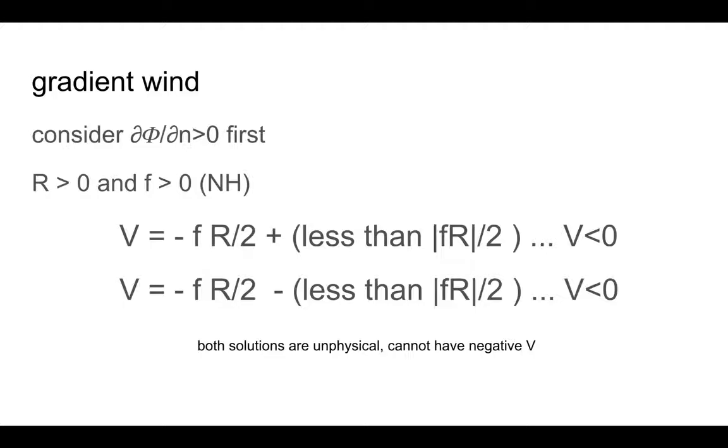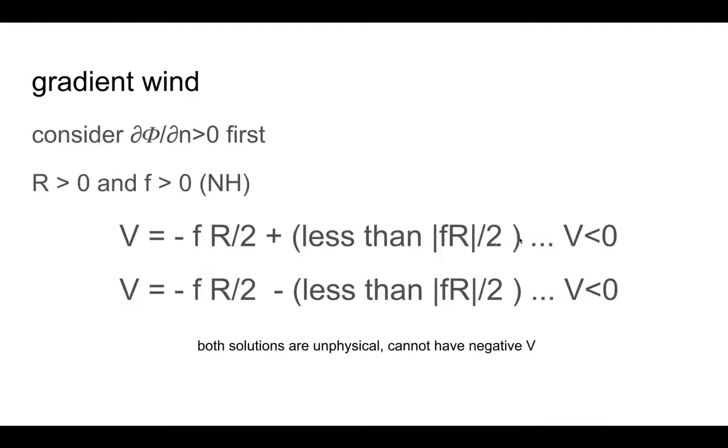We're going to end up with a negative v in both cases. Okay, so f's positive, r is positive. That means minus fr over 2 is negative. And we are adding and subtracting to that a value that's lower than fr over 2.